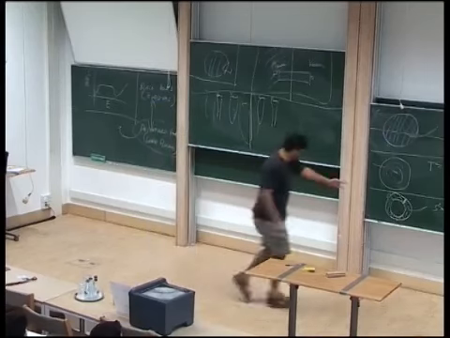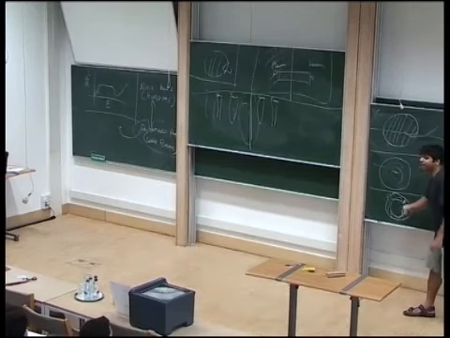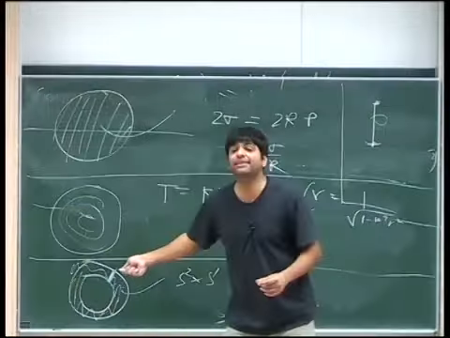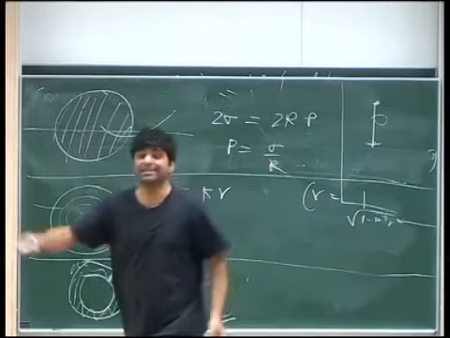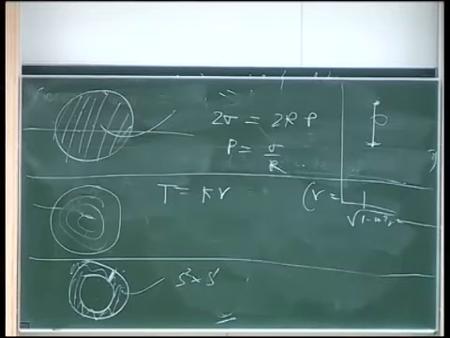Okay, so these solutions here are the field theory duals of black rings in Schwarzschild compactified AdS.